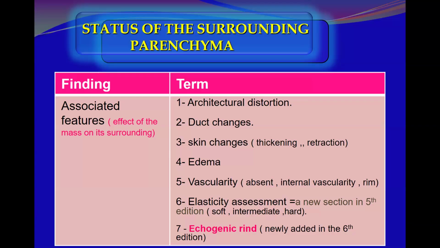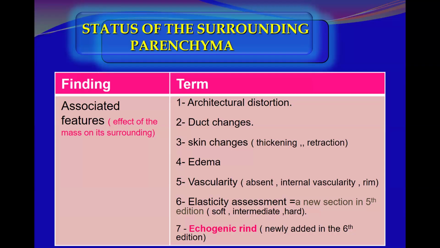The mass either does not affect the adjacent tissue, or it may cause some sort of effect in the surrounding tissue, which can be seen as architectural distortions, with disruption of tissue plane or Cooper ligament changes, ductal changes, skin thickening, skin and nipple retractions. In addition, these we are going to talk about today.